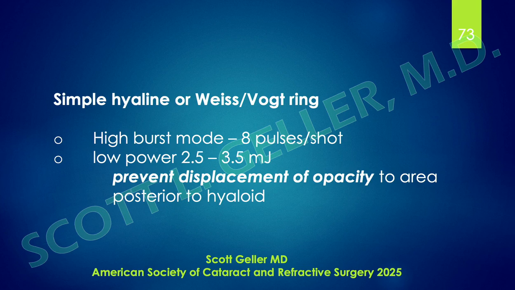But you use low power so you don't displace the opacity, which is more or less stuck on the posterior hyaloid face. If you displace that opacity, very often it goes behind the hyaloid and can lodge somewhere, I don't know, near the pars plana, and the patient will say, you know, my visual axis is clear, but I still see this thing way, way, way up high or somewhere else.